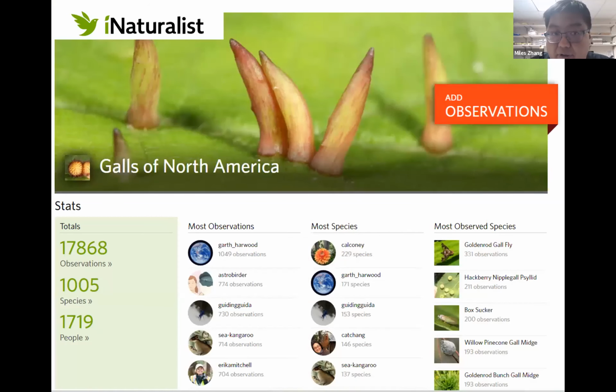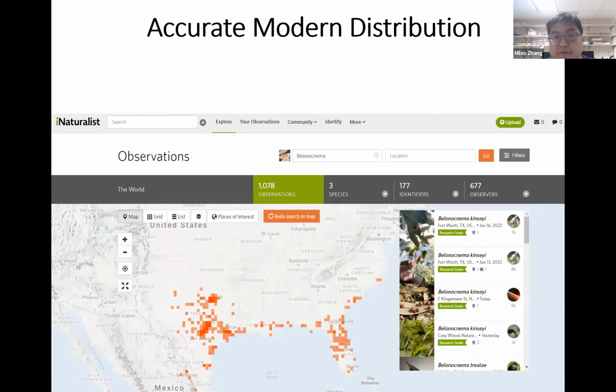But also iNaturalist is fantastic, right? So here are the various projects on iNaturalist, such as Galls in North America. In fact, many of these recent discoveries are made by naturalists or are naturalist-led, right? So this is the Belonocnema, those live oak galls that I've been talking about. You can see a really accurate modern distribution of these galls.